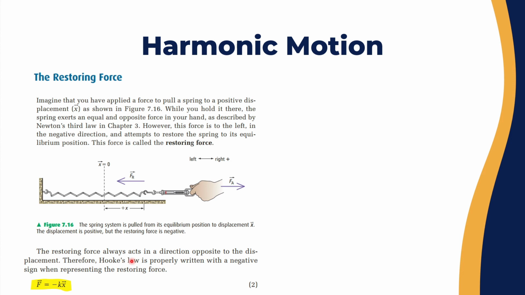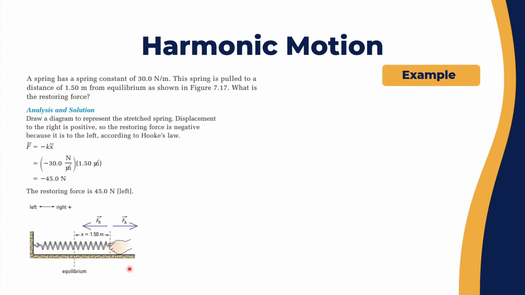So the restoring force can be represented in terms of Hooke's law as F restoring, or Fr, equals minus K times X. Why minus? Because the return force is always pulling against the applied force, because it needs to bring the spring back to its natural position. Let's take an example. You have a spring with a constant K of 30 newtons per meter.